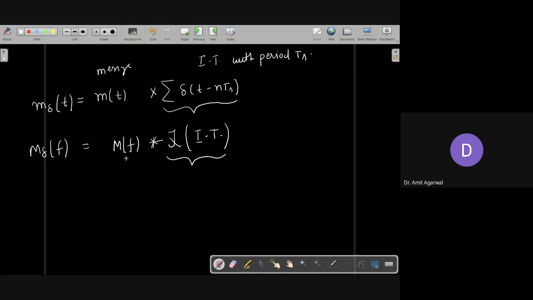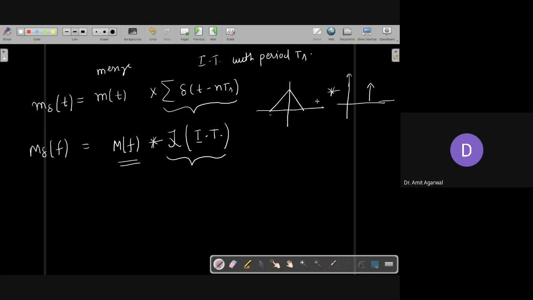And you know that if you convolve a signal with a delta signal, it will just shift your signal. Just understand the concept.